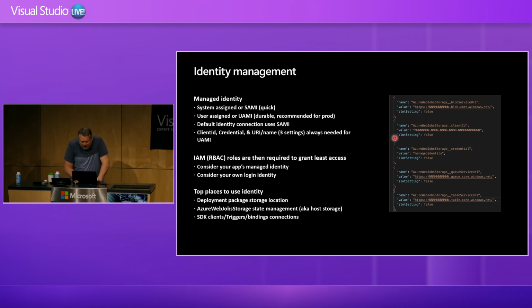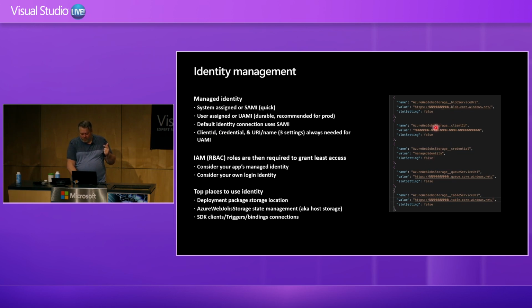So you can have a look here. Hopefully that's visible. But I have my Azure Web Job Storage blob service URI. So that's URI here. Then client ID, which is that. And that's basically the client ID of my user assigned identity. And then a third one with a static value of managed identity.